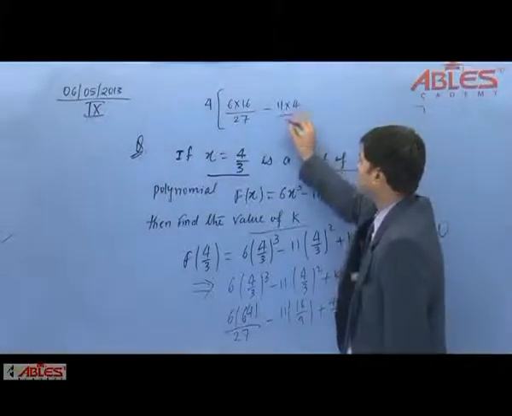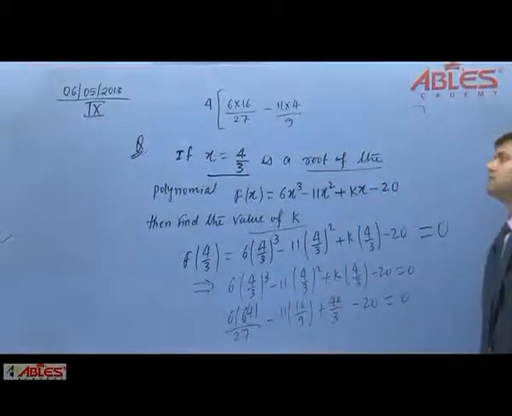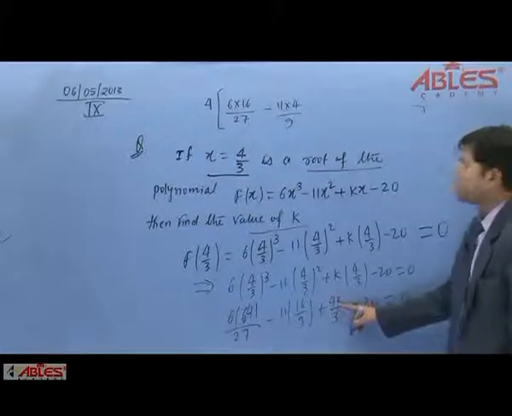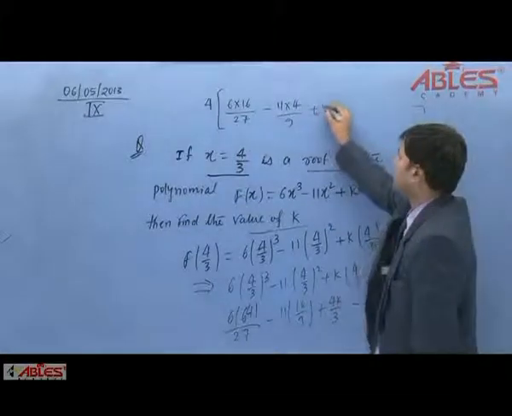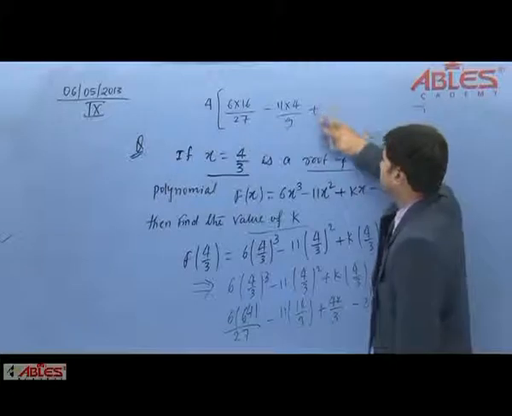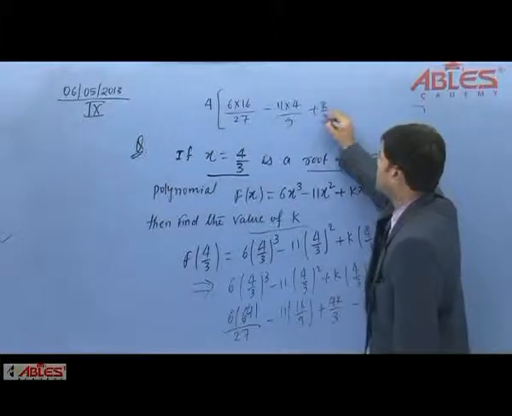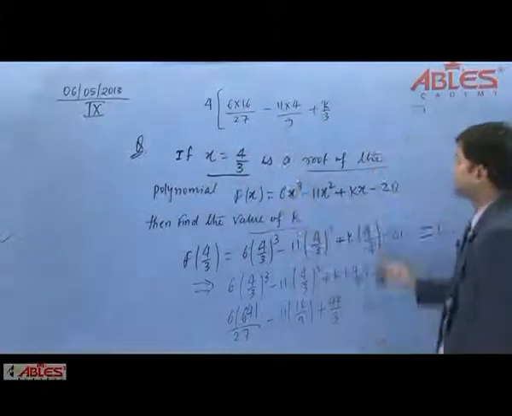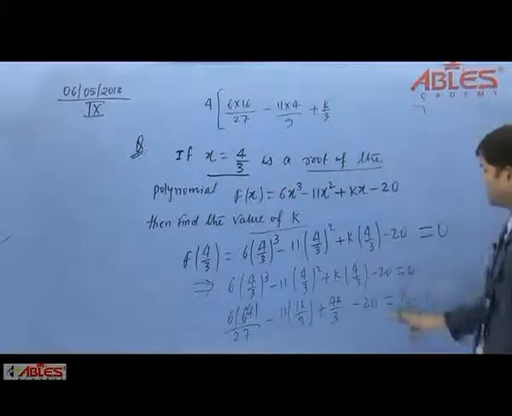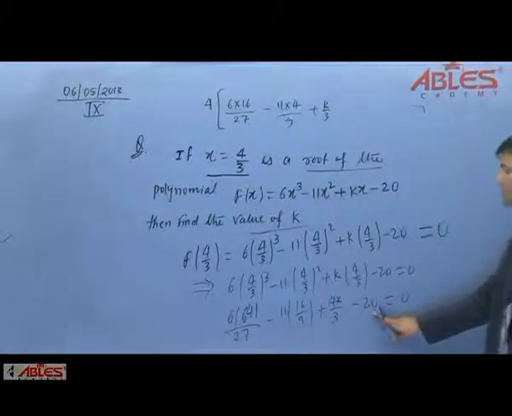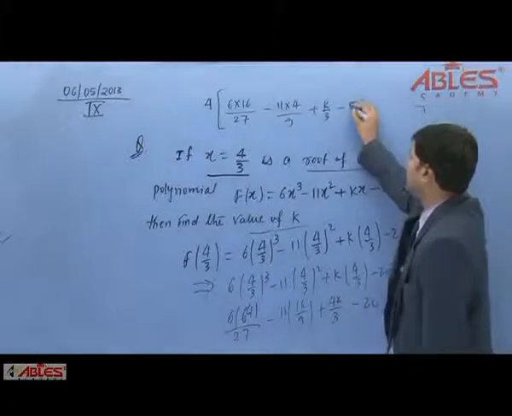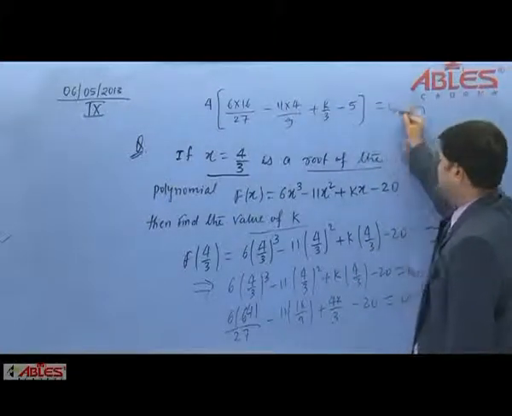So 11 into 4 upon 9 you will get. Further, taking 4 common here, we get k upon 3 only, because we have taken 4 common outside. Now from this term we take 4 common, so you get minus 5 equals 0.